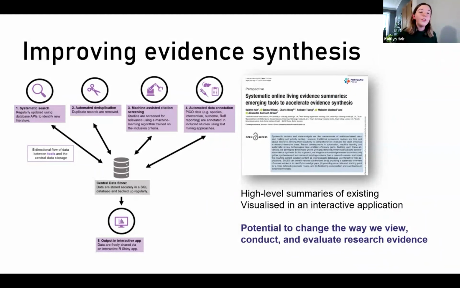We then use a pipeline of automated tools to organize this evidence in a useful way, tagging it with disease model, intervention, outcome measure, and then we visualize it in a web application that's accessible for everyone to use. And we think this has the potential to change the way we view, conduct, and evaluate research.